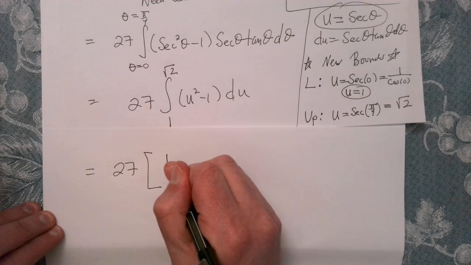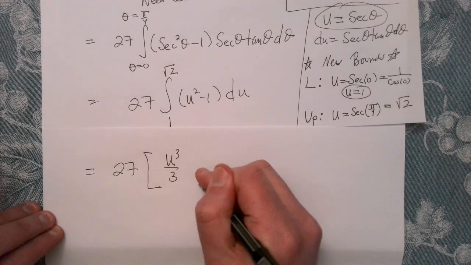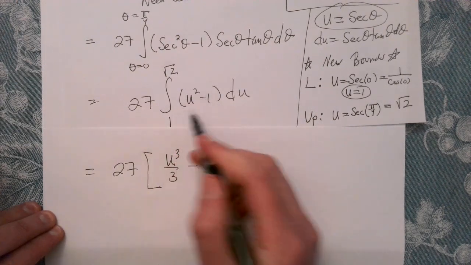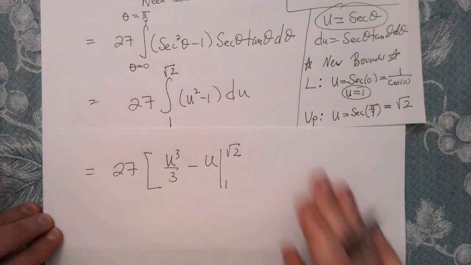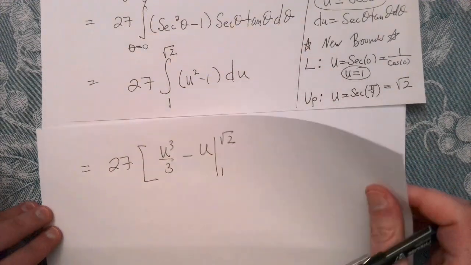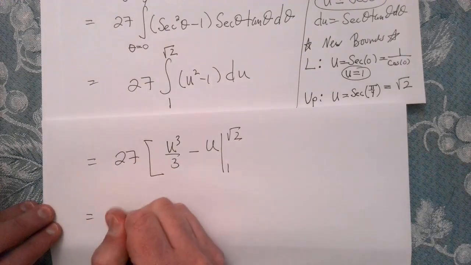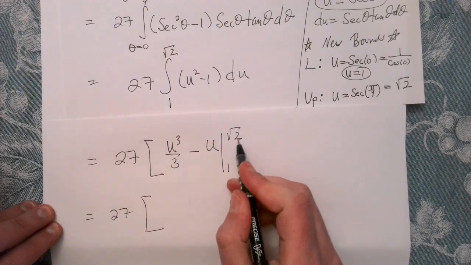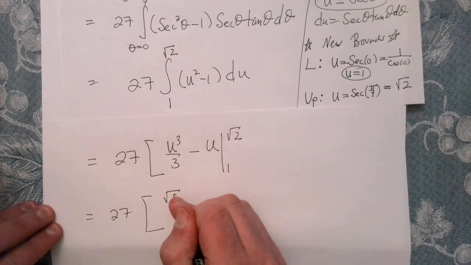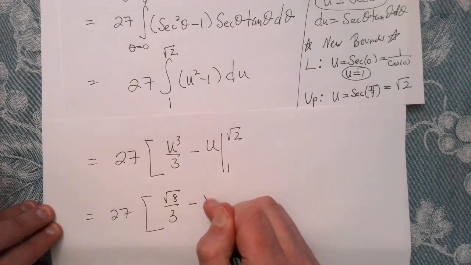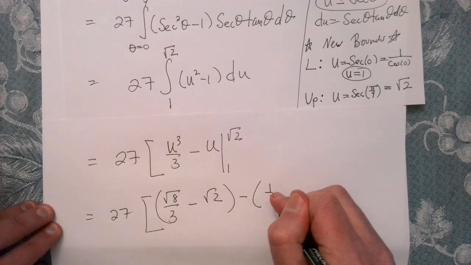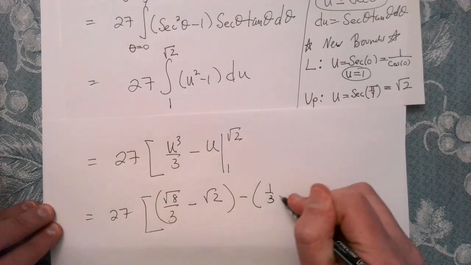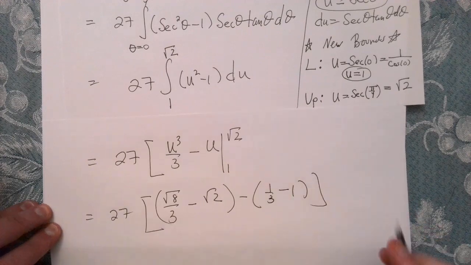I've got u cubed over 3 minus u when I integrate from 1 to radical 2. Radical 2 cubed is radical 8. And this is 1/3, if I plug in 1, minus 1.